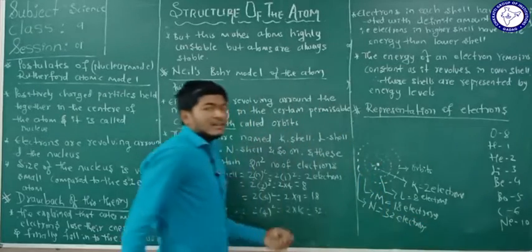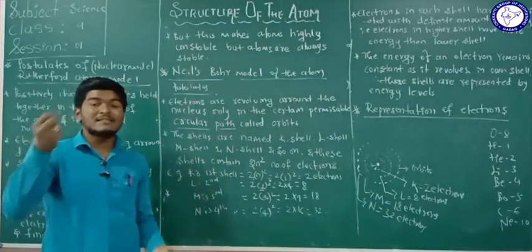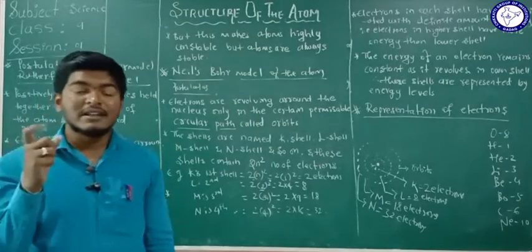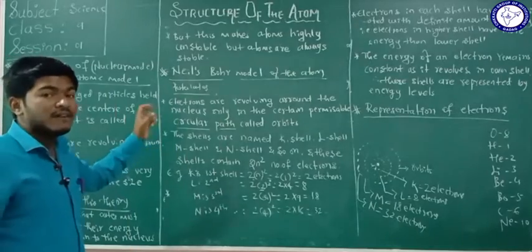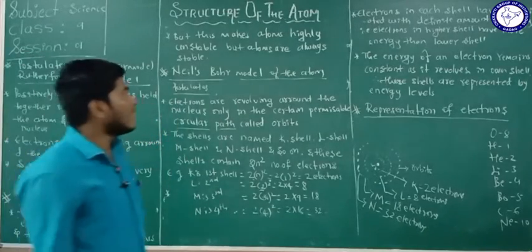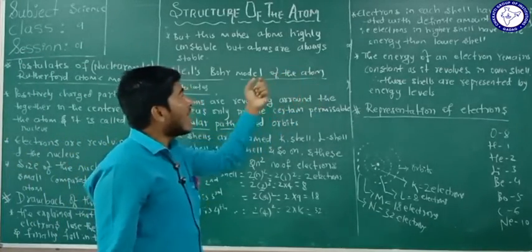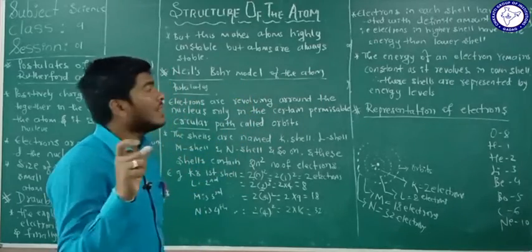Like that, each shell has a definite number of electrons, that is 2n square electrons. That is the second postulate of his theory. Next he says that electrons in each shell are associated with a definite amount of energy.